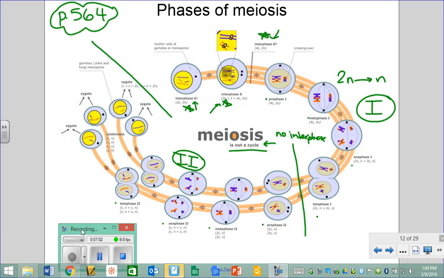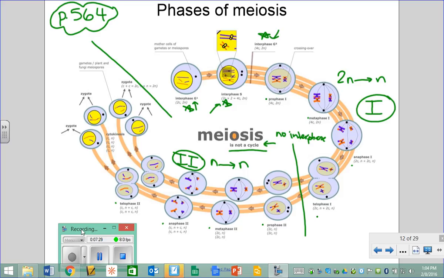So during meiosis 1, we reduce the number of chromosomes. In meiosis 2, we're not changing the number of chromosomes. We're starting with haploid cells, ending with haploid cells. So frequently, meiosis 2 gets described as being very similar to mitosis. Basically, the same thing is happening.